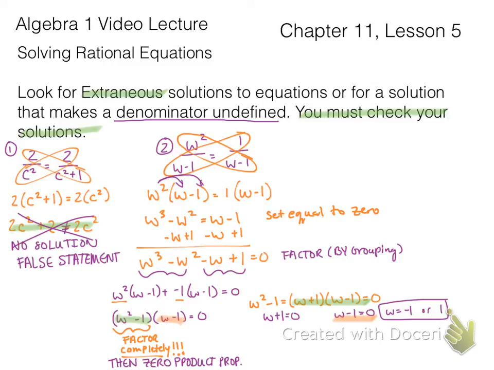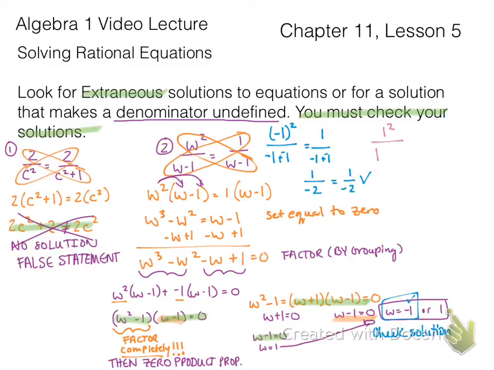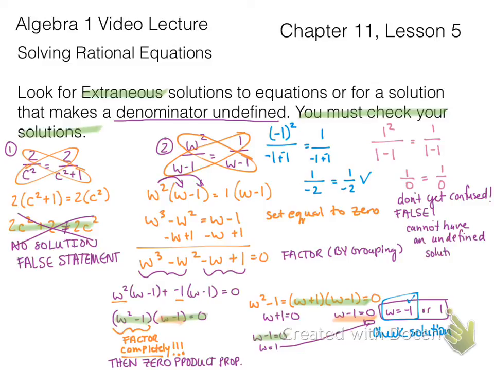So what we're going to go ahead and do is check them both. We're going to check our solutions, and we're going to end up finding out that -1 works, but +1 gives me an undefined situation. Just because 1 over 0 equals 1 over 0 does not mean that it's actually a solution, because it's undefined. So +1 does not work for our current textbook.